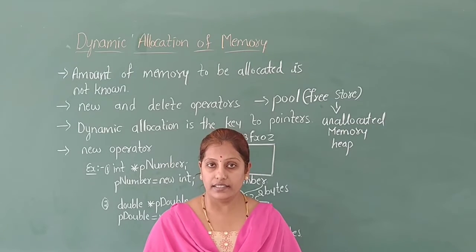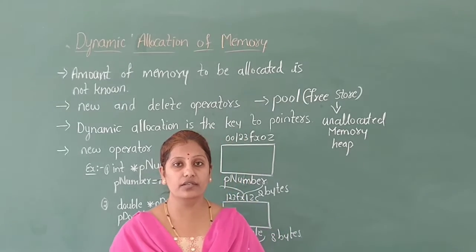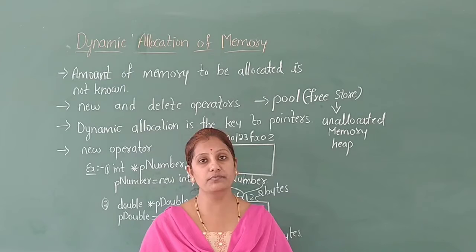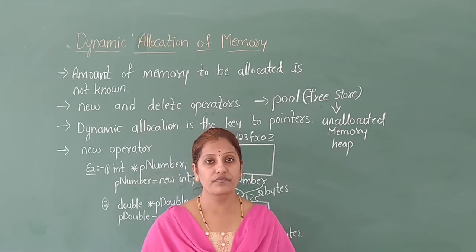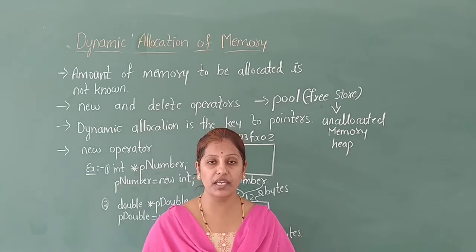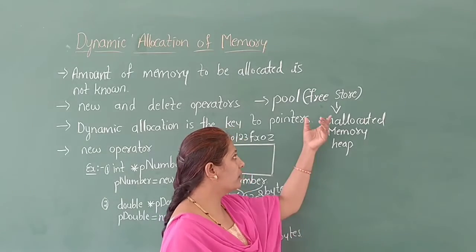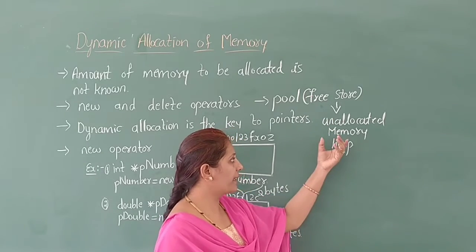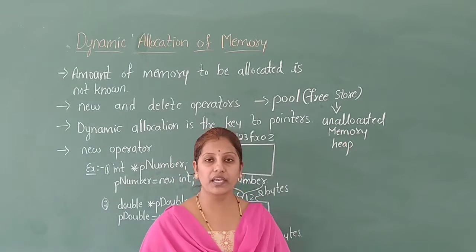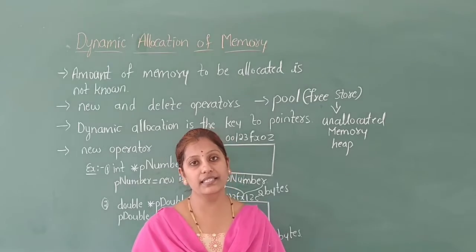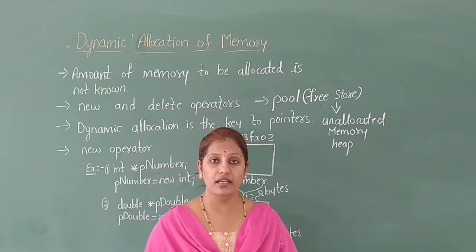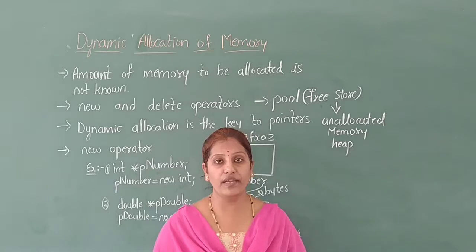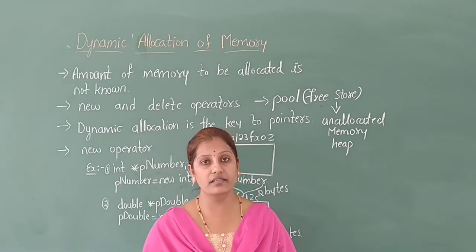Dynamic memory allocation allocates memory randomly and chooses memory from the pool called free store, that is, the unallocated memory heap. But in static memory allocation, the memory is allocated sequentially, one after the other.